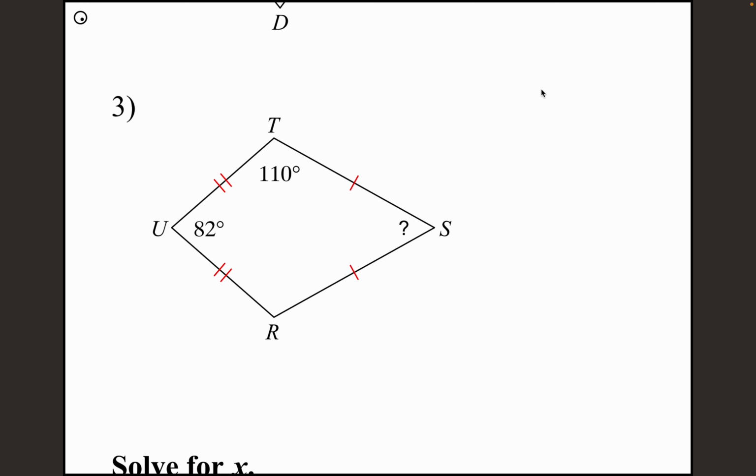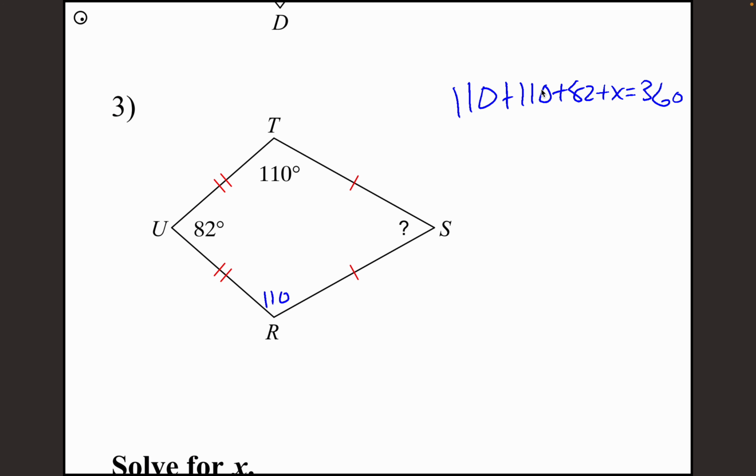So let's go ahead and look at number 3. Now, number 3, in order to solve for this one, we need to figure out the angle of R. What's our angle of R going to be? Yeah, it's going to be 110. Then how do you figure out what the value of S is? We add them all up, plus X equals 360.